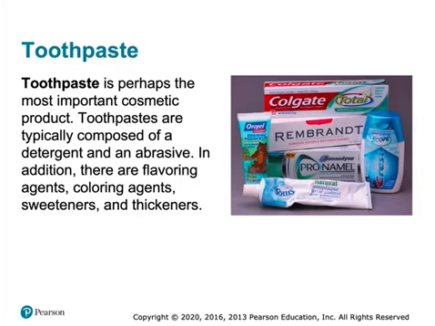Toothpaste. Okay, toothpaste has a detergent. Actually, the detergent in toothpaste is pretty strong. Detergent and abrasive. So abrasive is usually either, what is that stuff called, baking soda or diatomaceous earth. So like little tiny fossils.